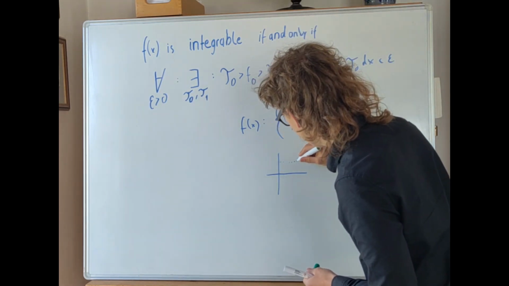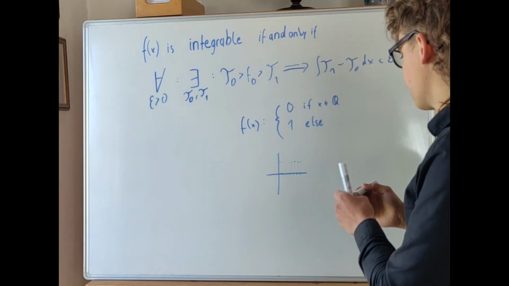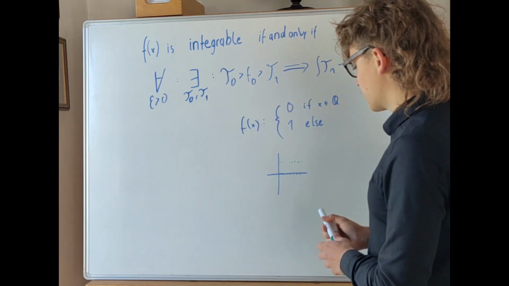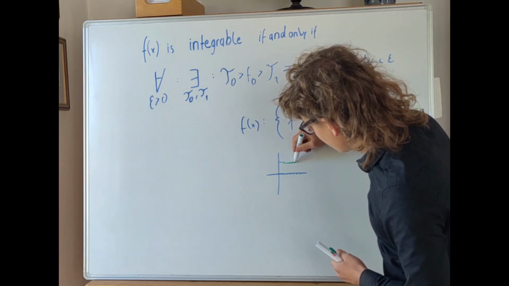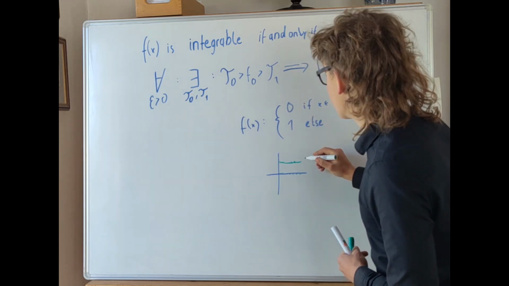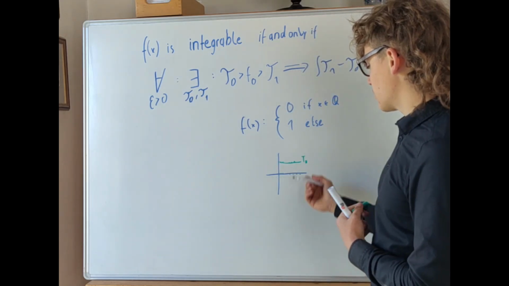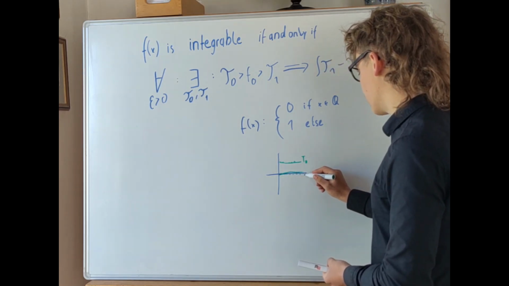Here are infinitely many points, and here are also infinitely many points. And you can see, if we would try to figure out a function that is larger than all points, then we need this function. This is the lowest bound we can get, right? So this would be t0. And the smallest function that is below every point, we can only get t1.